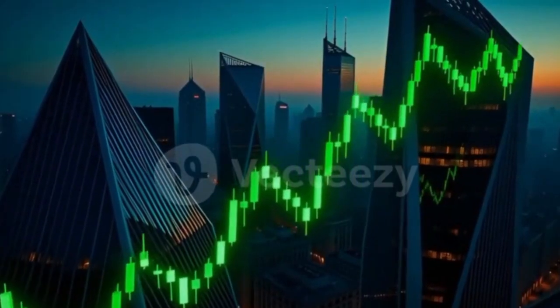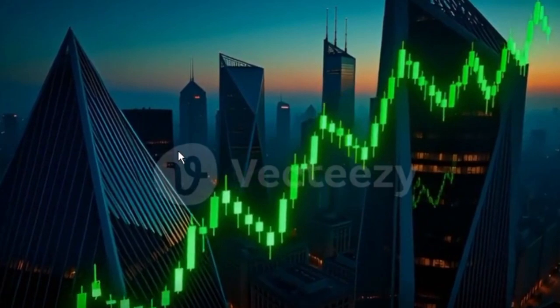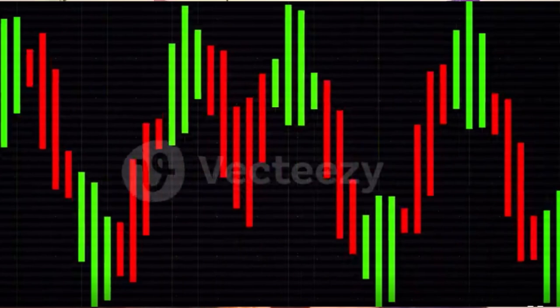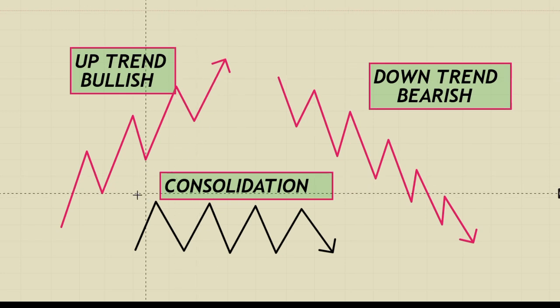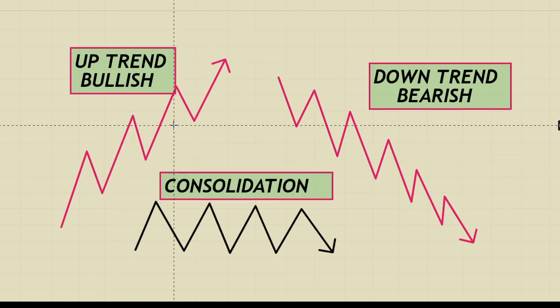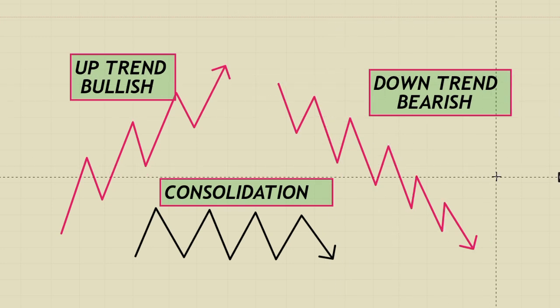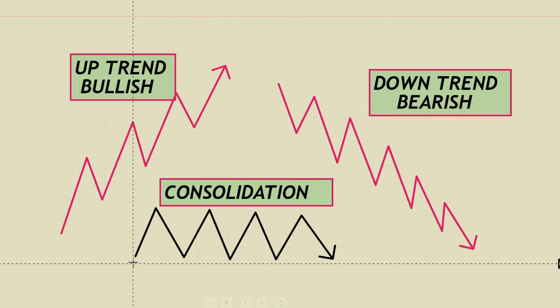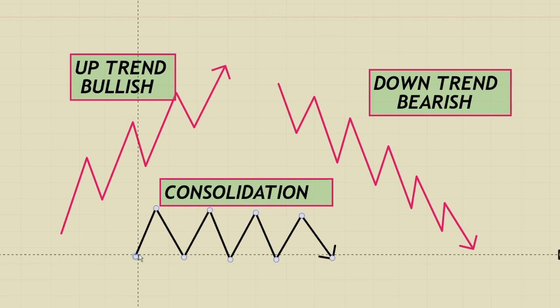We have a bullish structure market trend, you can call it an uptrend, and we have a bearish structure market trend, you can call it also a downtrend, and we have a consolidating market in the smart money concept as a strategy.